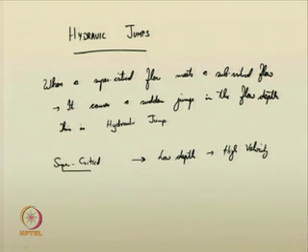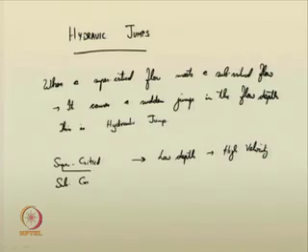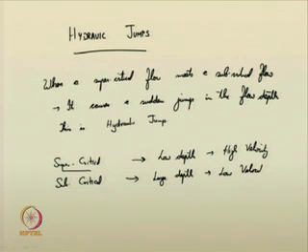So, if low depth, high velocity flow meets high depth, low velocity flow, then there is a sudden jump in the elevation, which is given as a hydraulic jump. You can similarly write for subcritical flow, it will have large depth and low velocity. Fine.